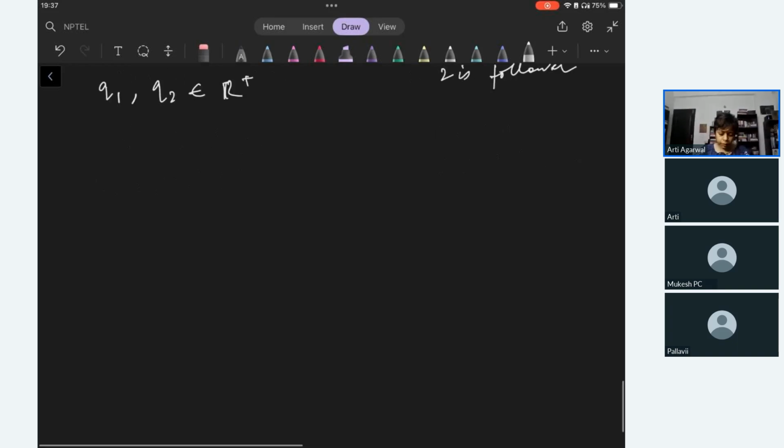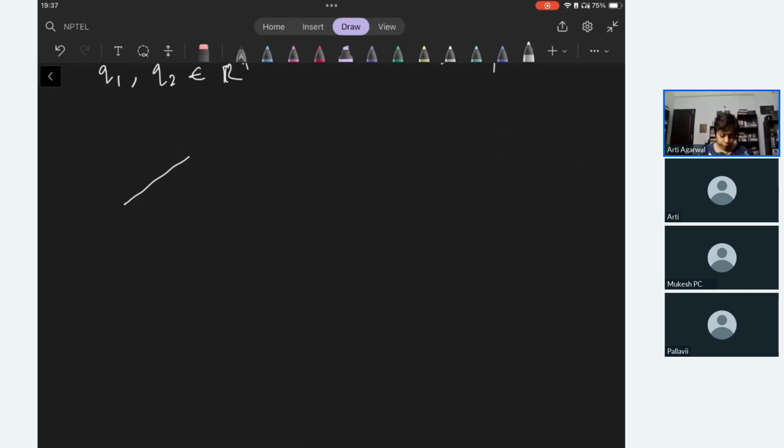Now I'm drawing it in the extensive form, and we show it like this. Q1 is picked by 1 first, and 2 knows what 1 has picked. Player 2 is acting here, and player 2 knows the value of Q1.